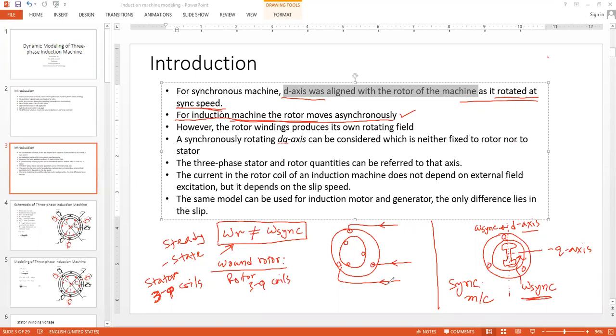As we know from Lenz's law, the creation of any electromagnetic force tries to oppose its creation. So the rotor will try to move in such a way that the variance in this current flow is stopped. To do that, the rotor has to rotate synchronously with the applied rotating magnetic field.